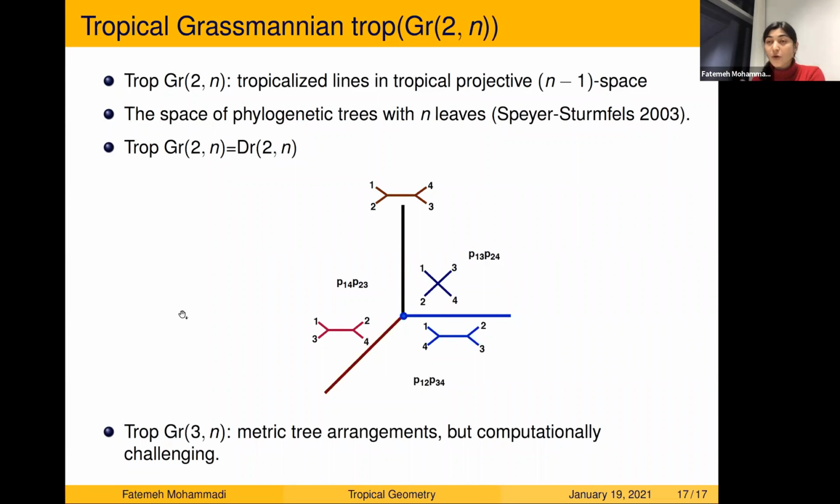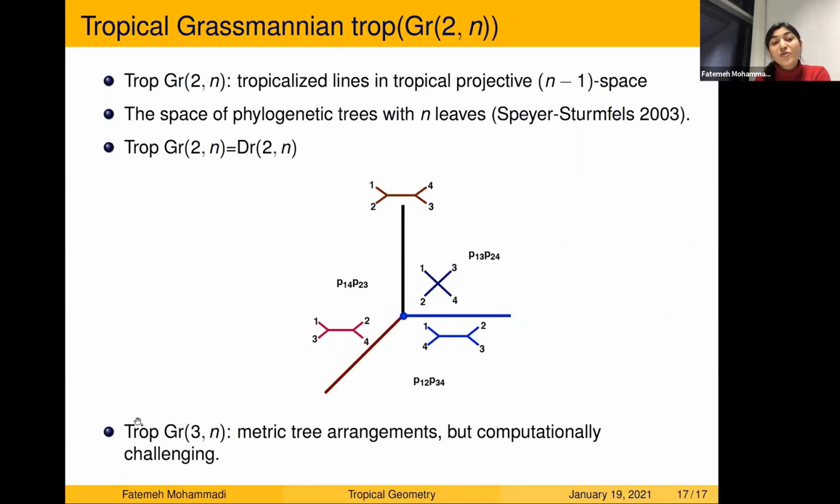And as I said, understanding these tropical Grassmannians is very interesting from both a theoretical and a computational point of view. They have been studied a lot, and they're computationally heavy and challenging, especially the easiest examples, tropical Grassmannian 3n, even though they come with some nice combinatorial properties.